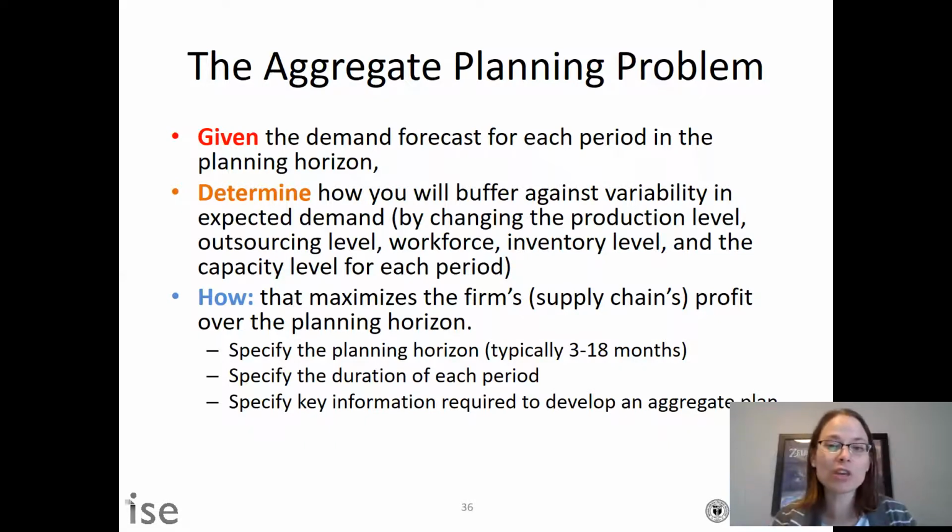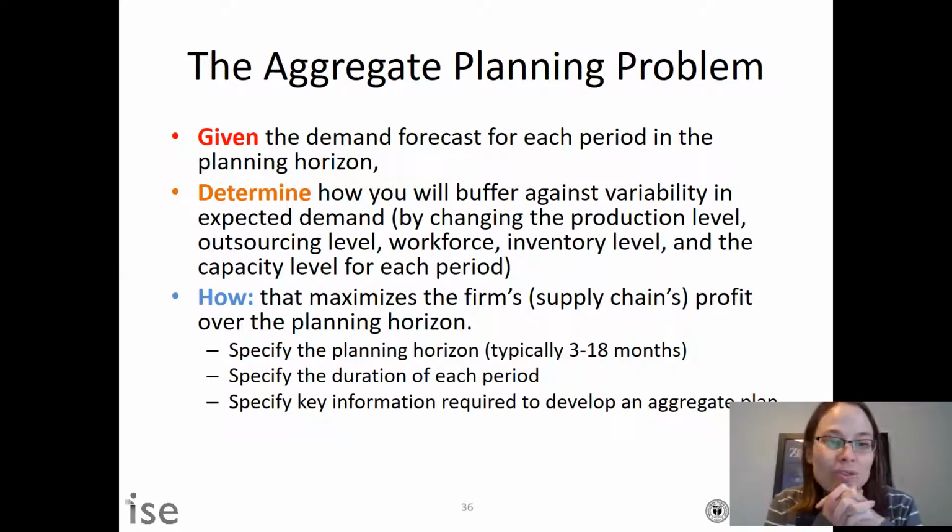We could change production levels, we could outsource some things, we could build up inventory if that's allowed. Those are the things we're determining in our aggregate planning model. And we determine that by usually minimizing some costs or maximizing some profit over the planning horizon, which typically requires quite a bit of input data.